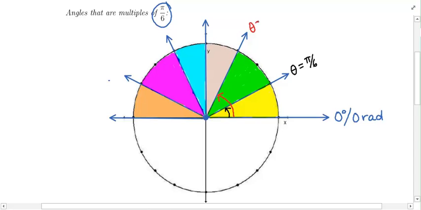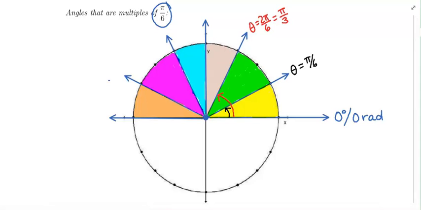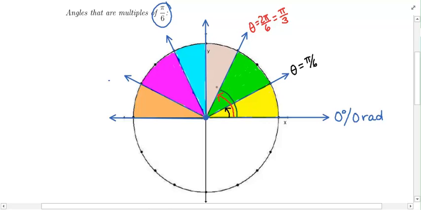So this angle is going to be 2 pi over 6, which reduces to pi over 3. Then we go again. Back to your initial side, we rotate 1 pi over 6, 2 pi over 6, 3 pi over 6 to get this terminal side. So this angle is going to be 3 pi over 6, which reduces to pi over 2.